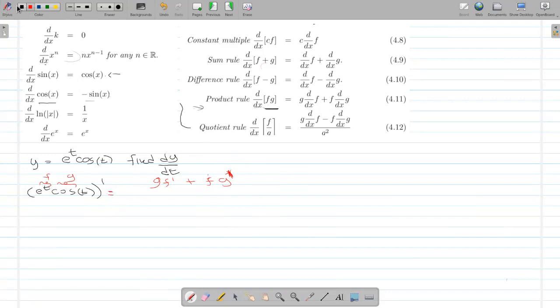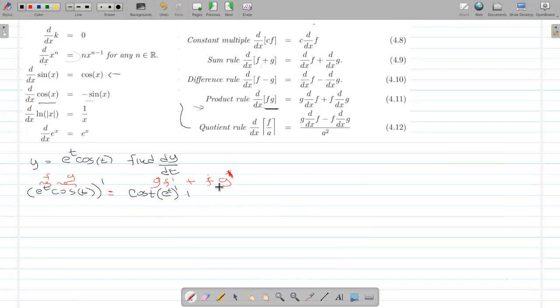So I can go now. My first function is e^t. Sorry, second function is cos t, no? So g is cos t, I write it here, times the derivative of first function e^t, no?